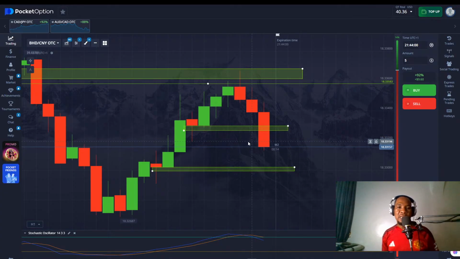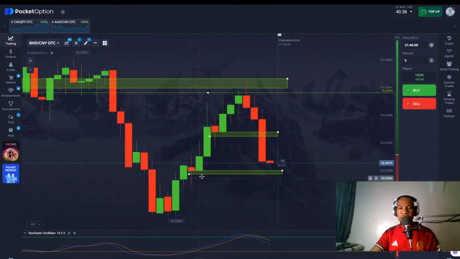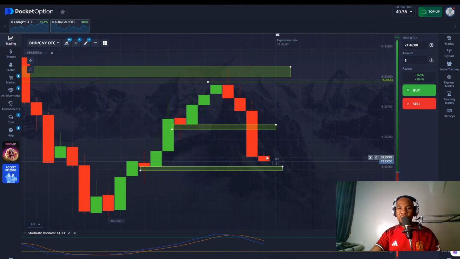So I'm waiting for this candle to close. Wait for it to close. So it closes without a wick also.